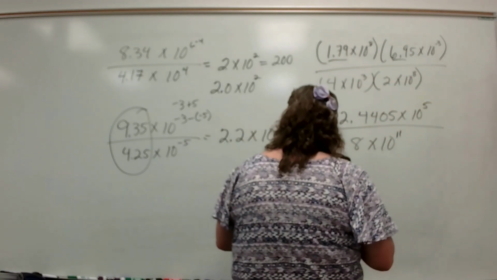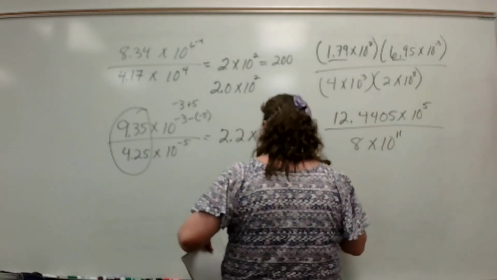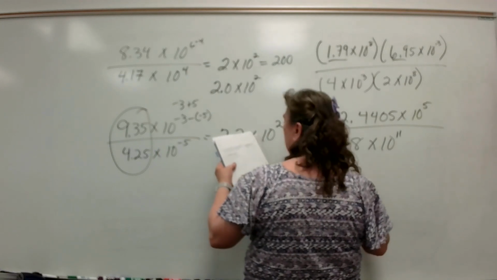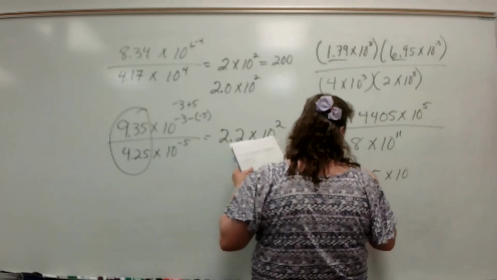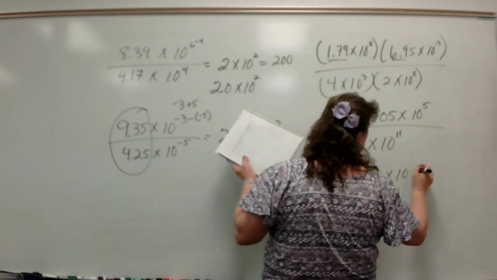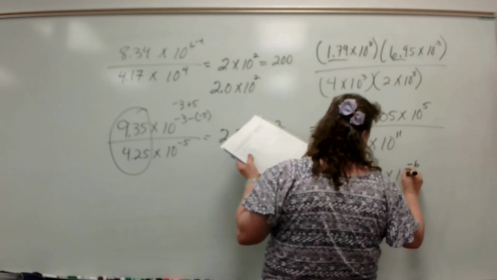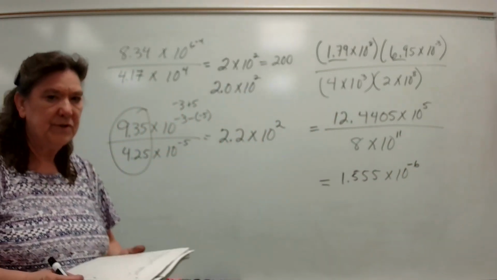Okay? Now, we're going to divide these two numbers, and you're going to get 1.555 times 10 to what power? 5 minus 11 gives you negative 6. So there it is, and that one's already in scientific notation.